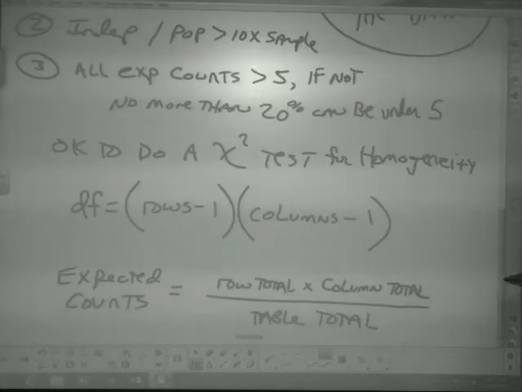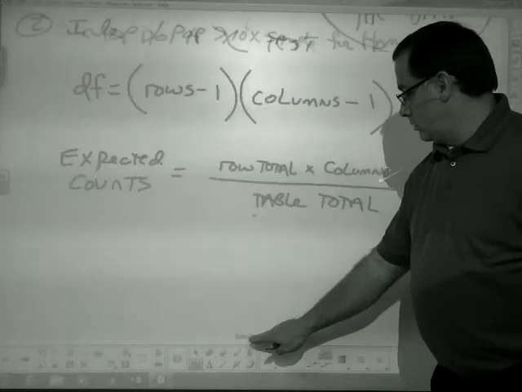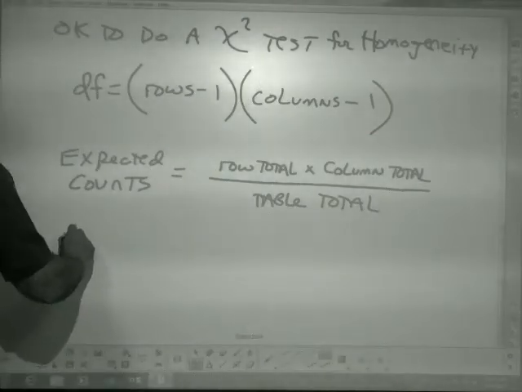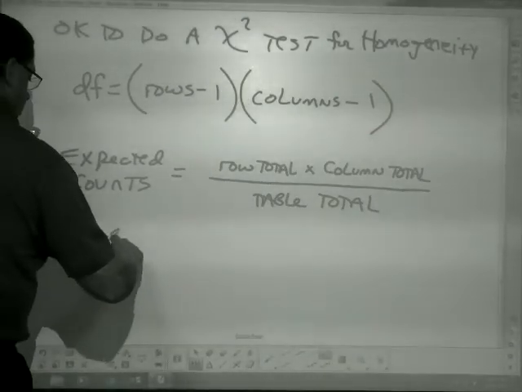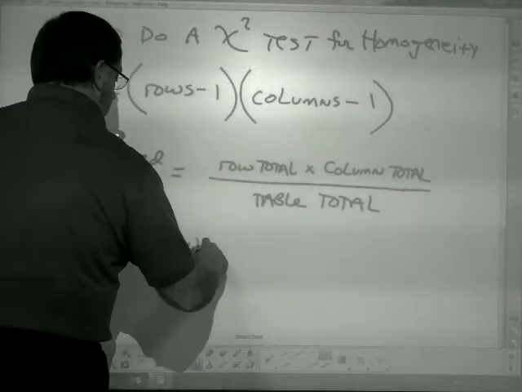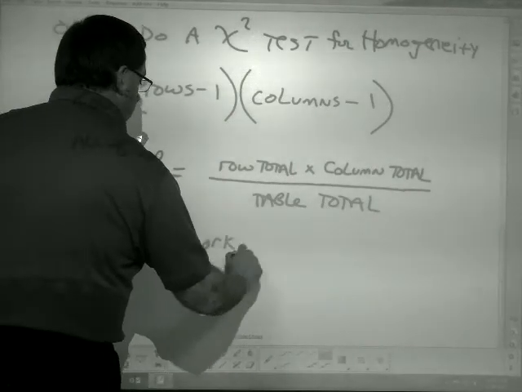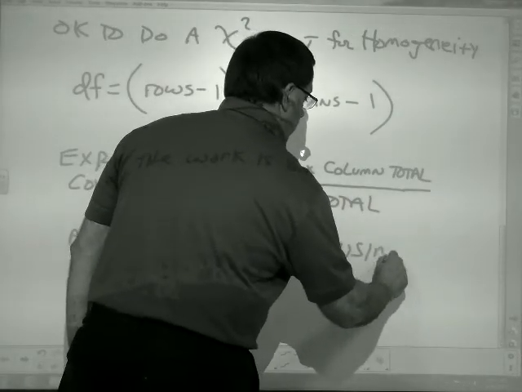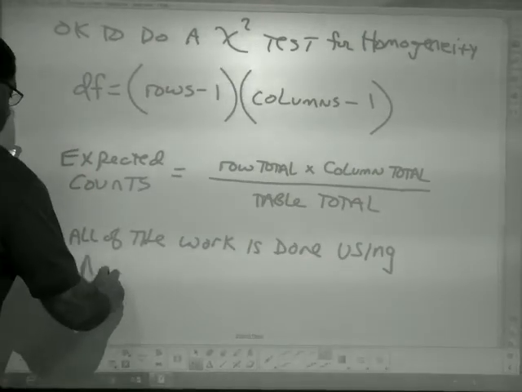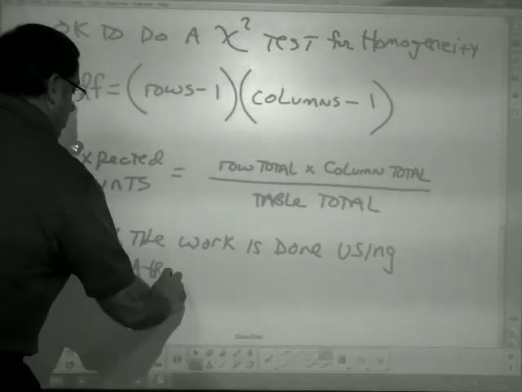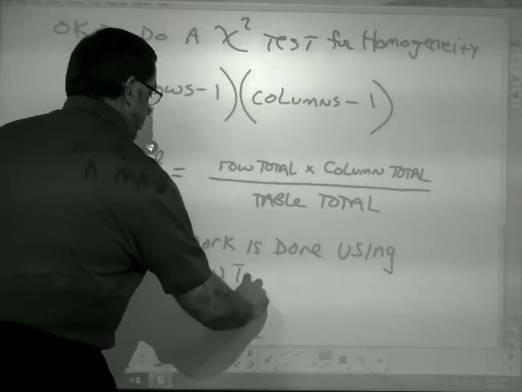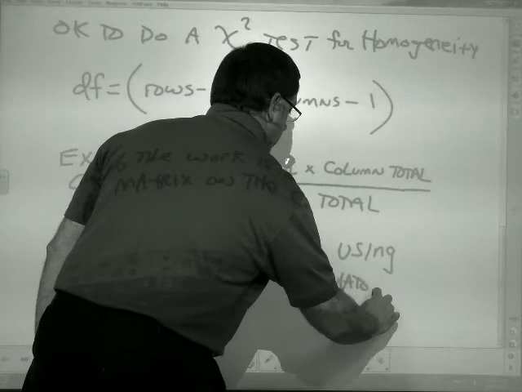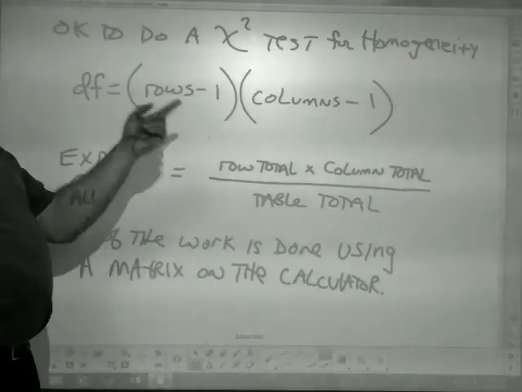You're going to do all of this work on the calculator. All of the work is done using a matrix on the calculator. You would not want to do all of this by hand.